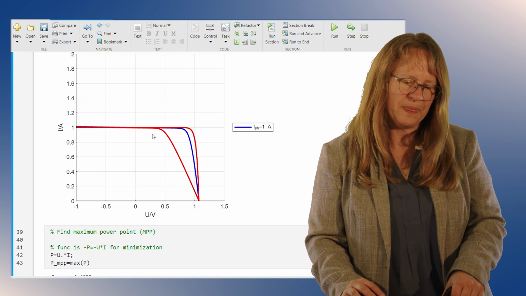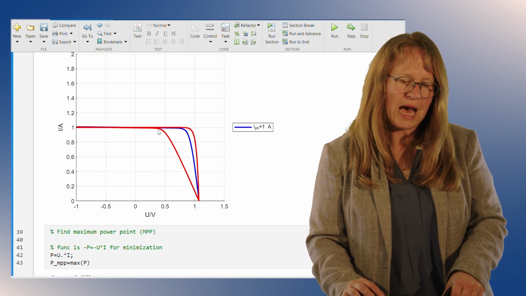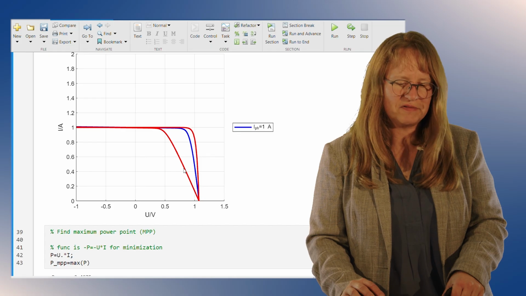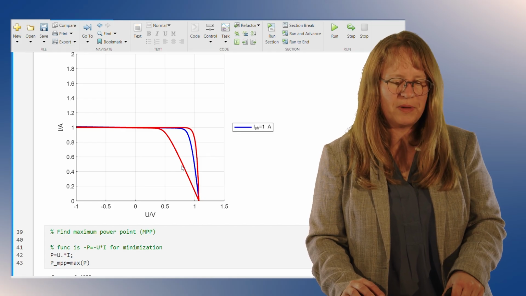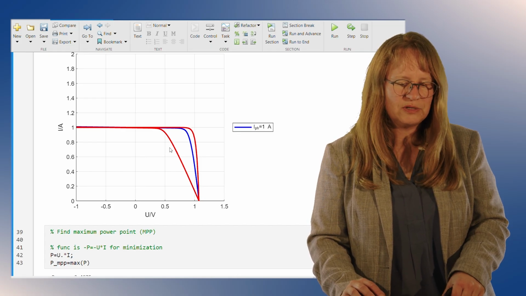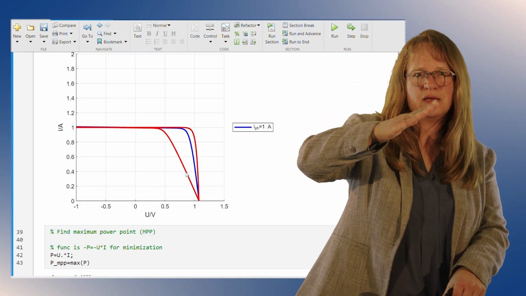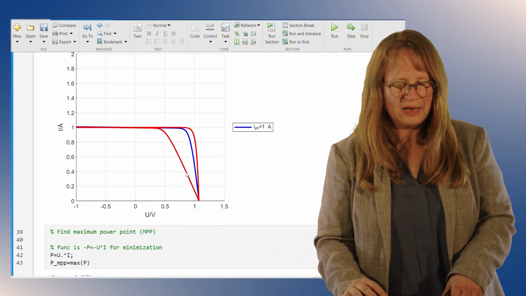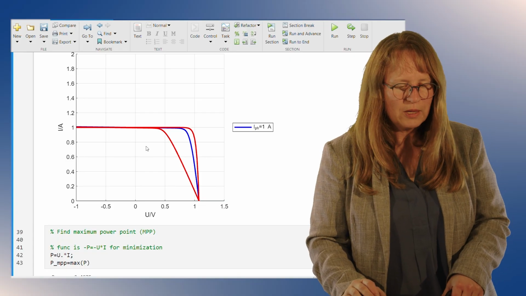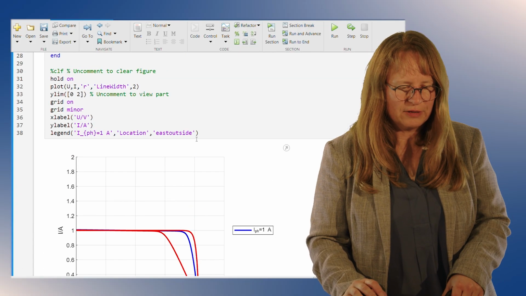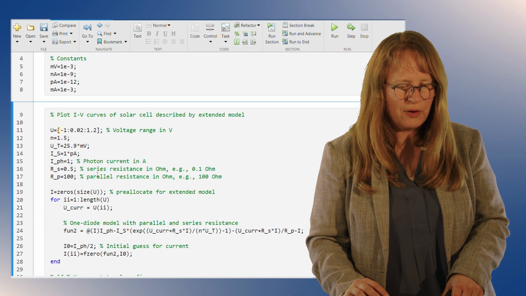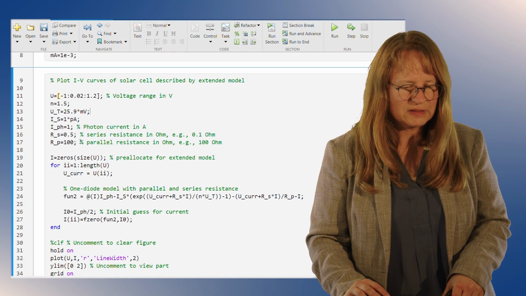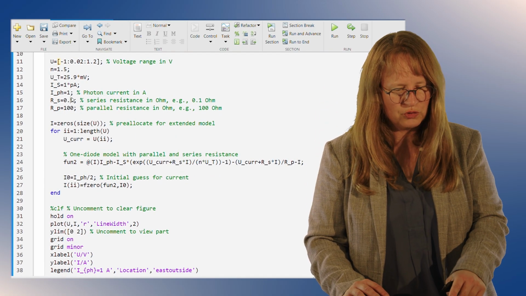And you can see that with this higher series resistance and the same parallel resistance as for the blue curve, the series resistance causes this change of the curve to the left side.